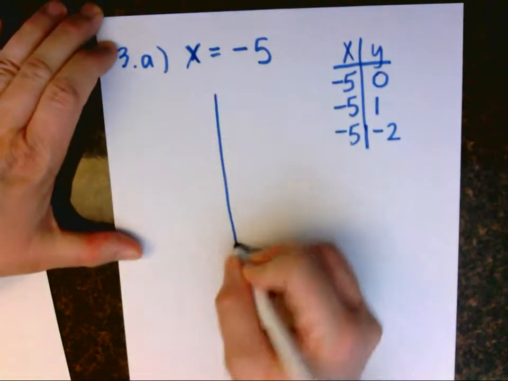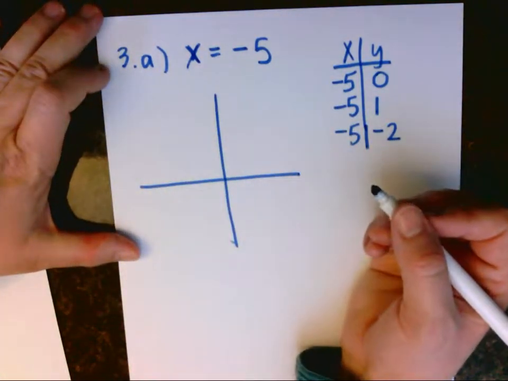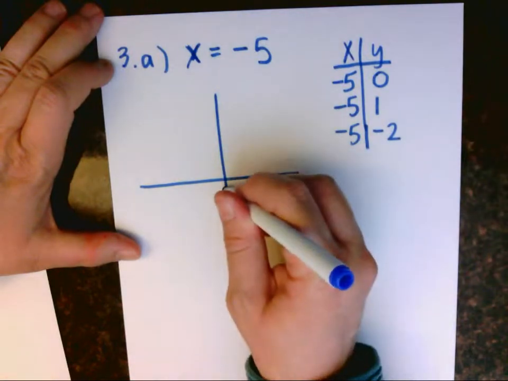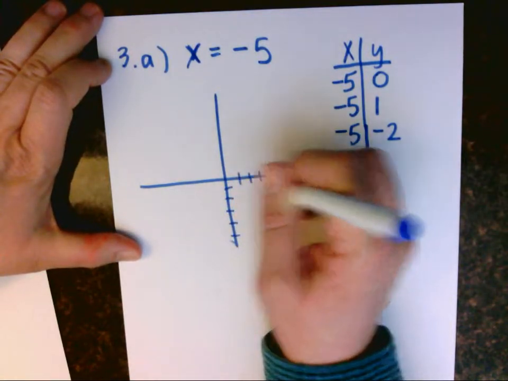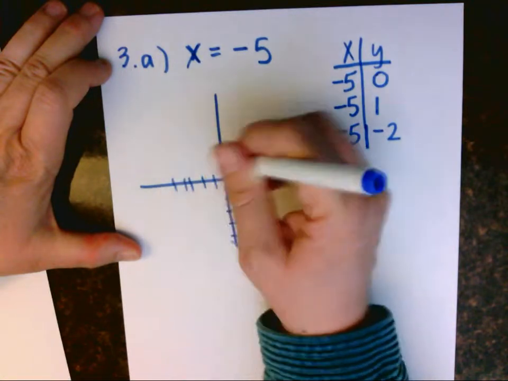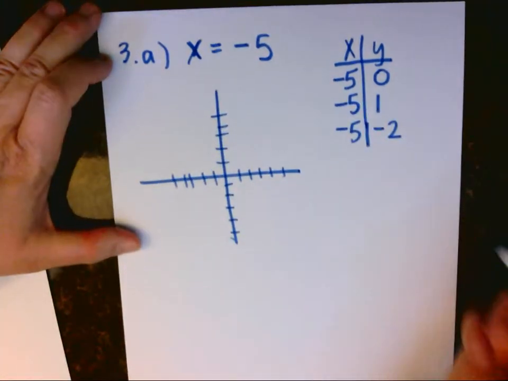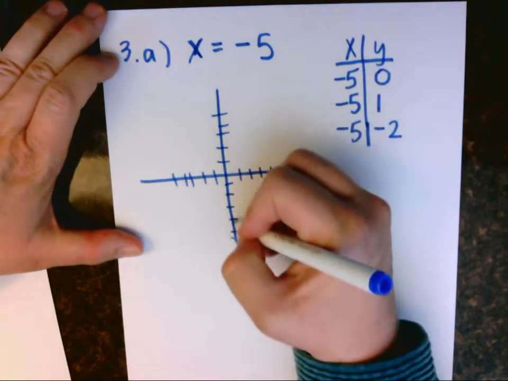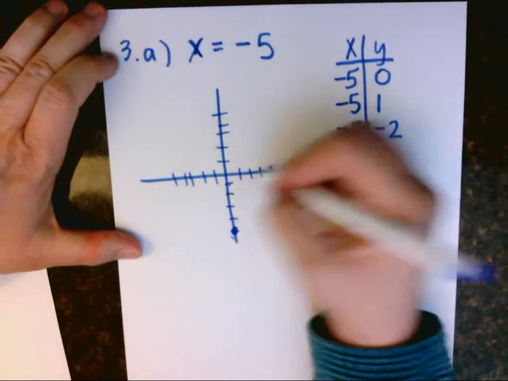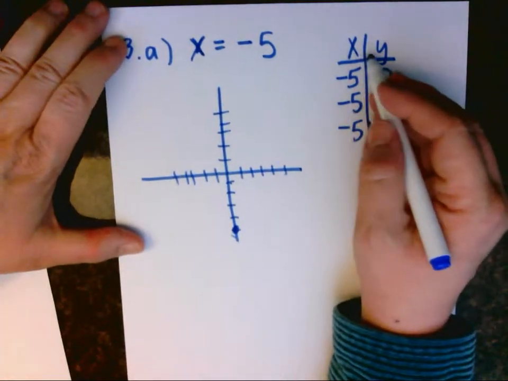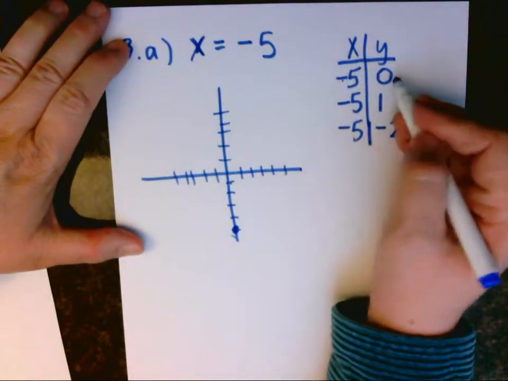All right, I'm going to do a quick, not so fancy graph by hand. 1, 2, 3, 4, 5. Mark it off in 5. Okay, 0, -5 is right here. And, oh, sorry, I did that backwards. We have to go -5, 0.